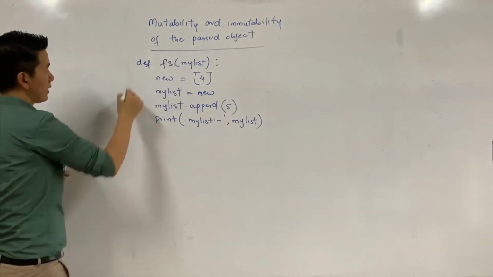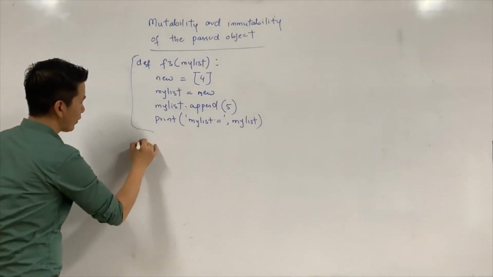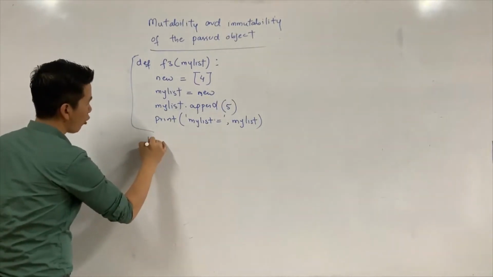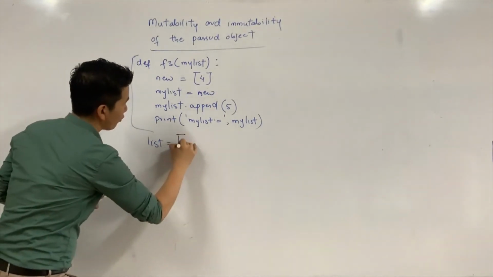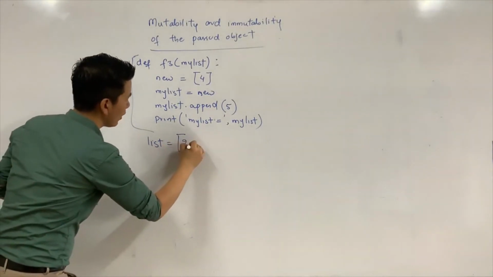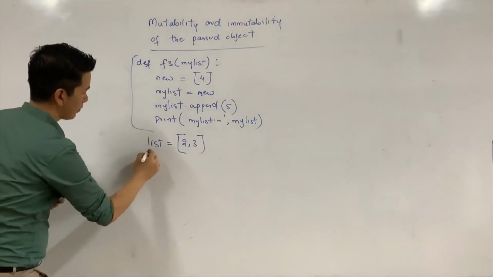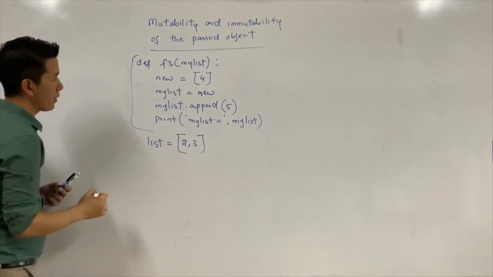So this is the function definition, and then we have the main part of the program, where the original list is equal to, let's say, 2 and 3. We'll not print it, we'll just make the function call.